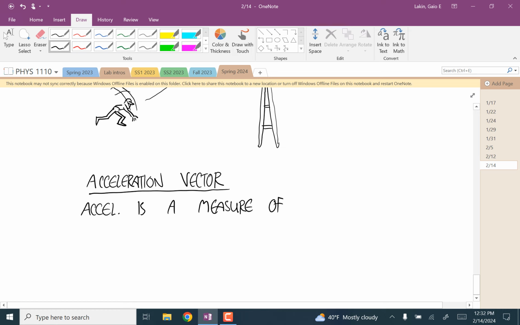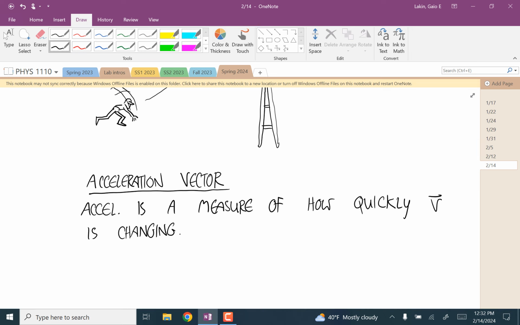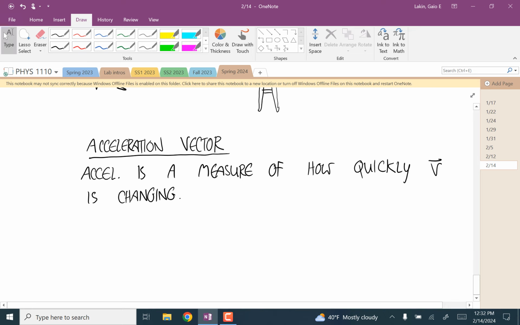Acceleration is a measure of how quickly the velocity vector is changing. Well, what that means is if the acceleration is 0, the velocity isn't changing at all. Okay? So you can think of these as exactly equivalent statements.